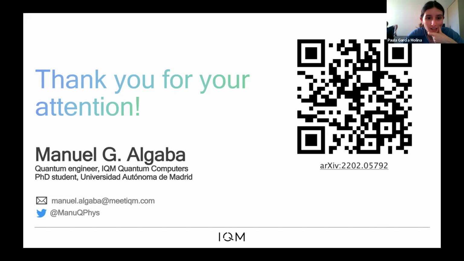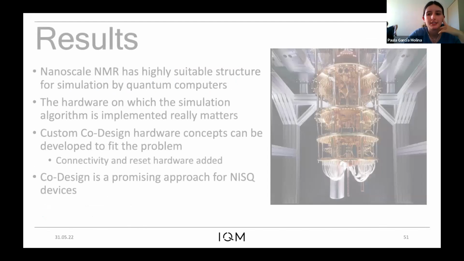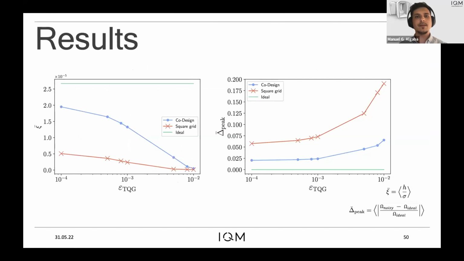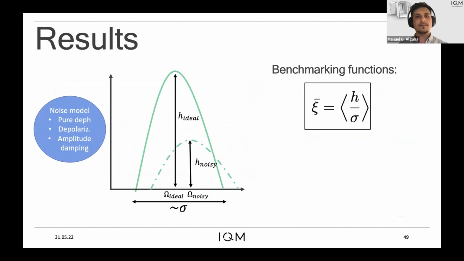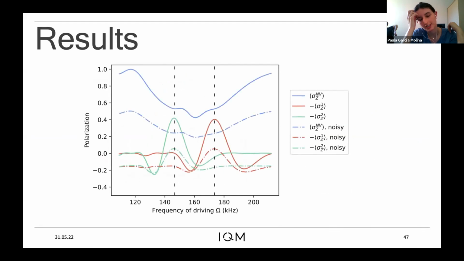Maybe I have one regarding the results of the peaks of the frequencies. Maybe you can go to that slide. Because in this case, you have one NV center and two nuclei, so you have two different frequencies for each nucleus.